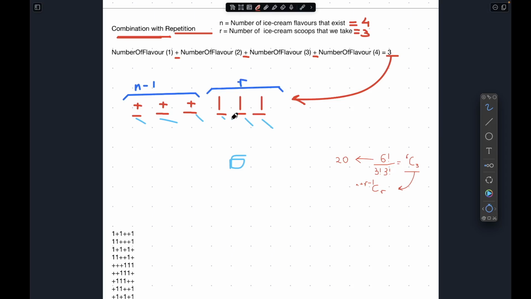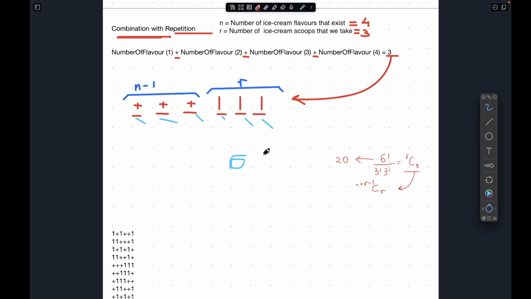Once those r spaces are picked, the plus signs can directly fit into the remaining spaces, right? There is no restriction over there. So once you pick the r spaces, that is basically equal to your answer.